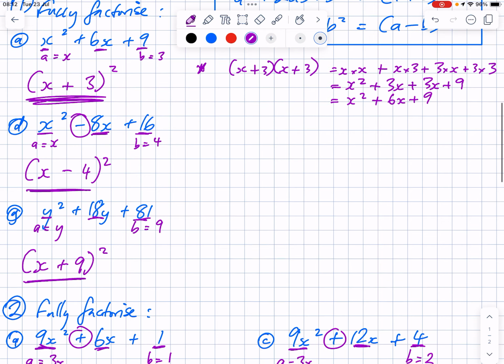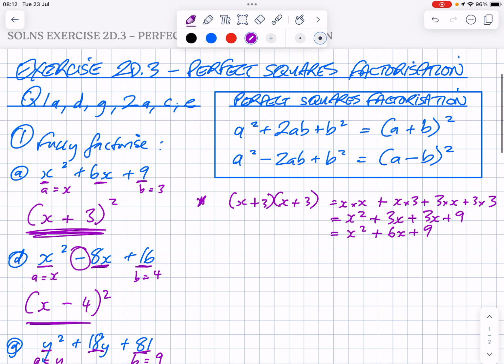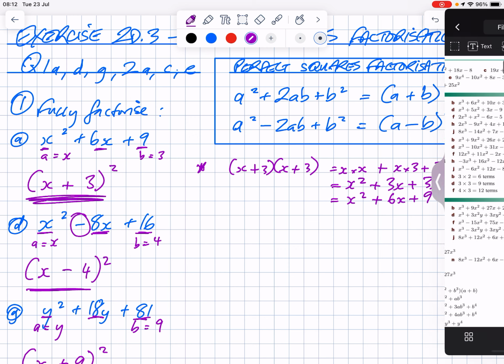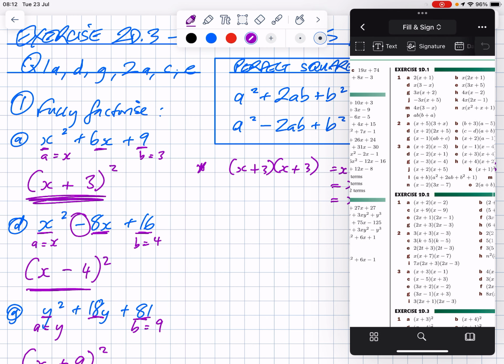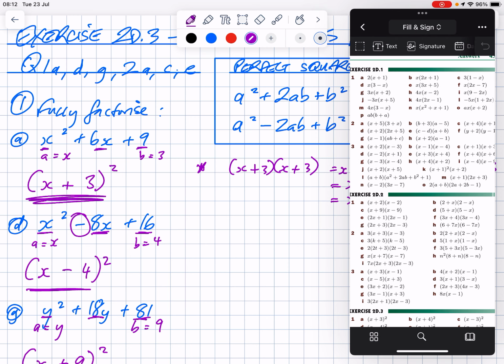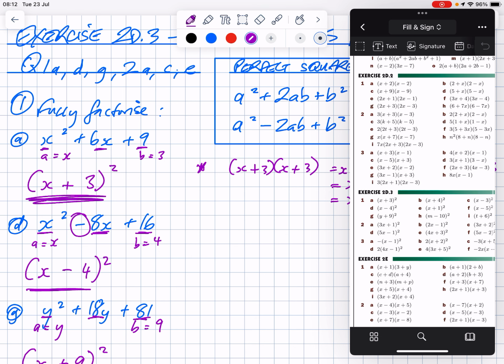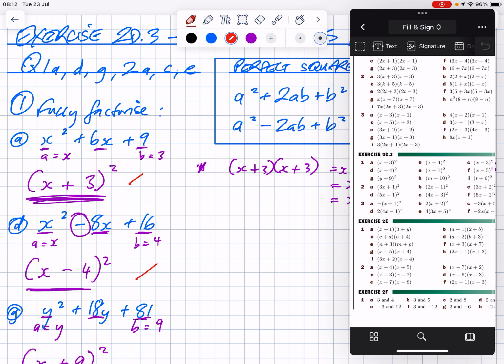So those are the exercises you need to do for exercise 2D.3, perfect squares factorization. Let's quickly check that the answers are correct. 2D.3, a, x plus 3 squared, correct. D, x take 4 squared, correct.